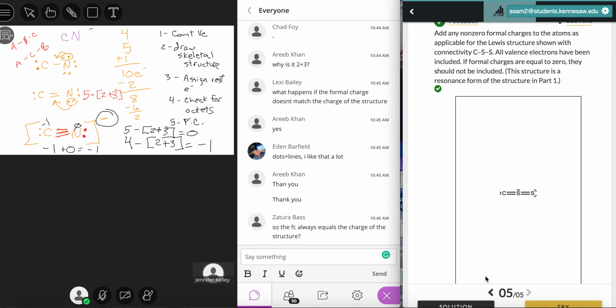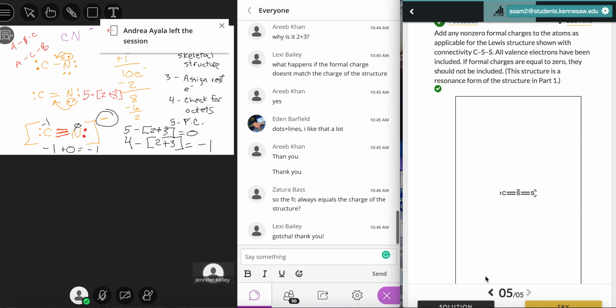Generally, not always, they're going to give you the same number once you sum everything together. They're not going to give you the same formal charges, but they'll give you the same total. So formal charges always add up to the charge of the structure? Yes, that is correct, Zatura.